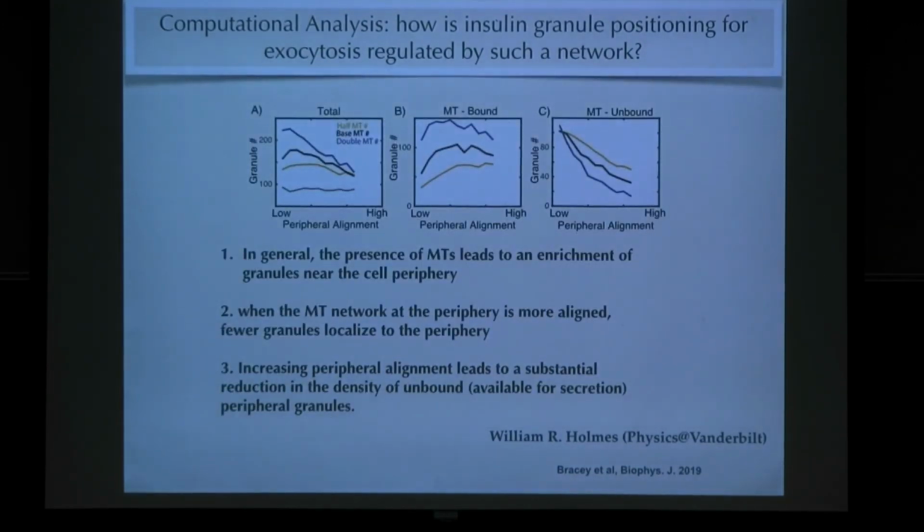So the main conclusion is that, in general, the presence of microtubules by itself leads to enrichment of granules at the cell periphery, which is not surprising because the granules are originally generated in the cell center, and they have to get to the cell periphery somehow. But this microtubule network, which is aligned at the cell periphery, this peripheral bundle that we see, results in accumulating peripheral granules and taking them away from the cell periphery.